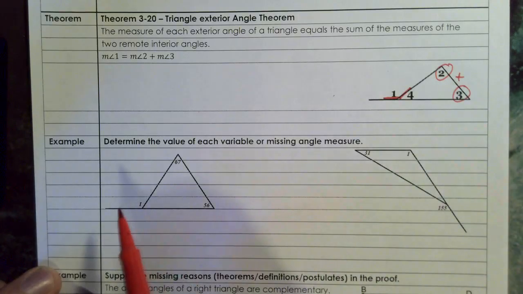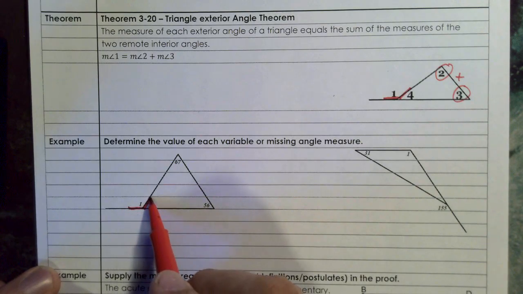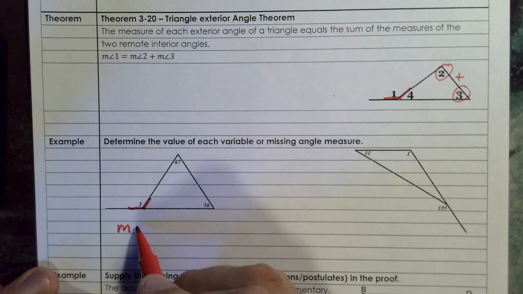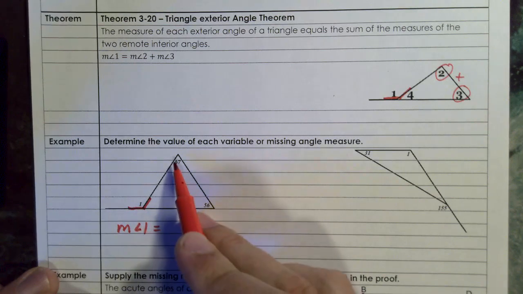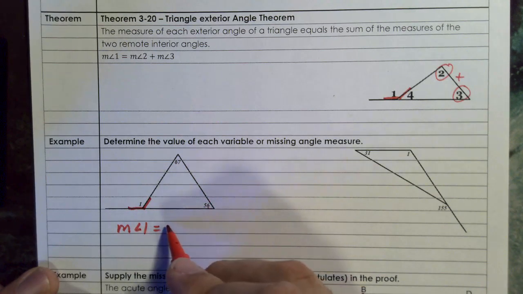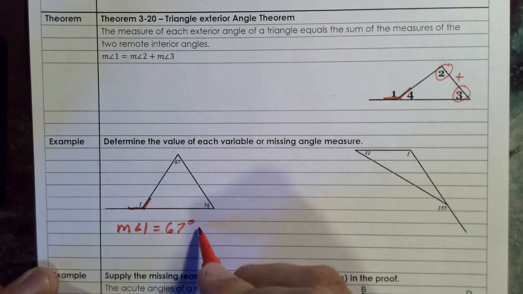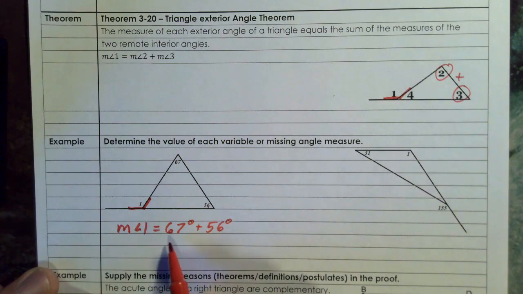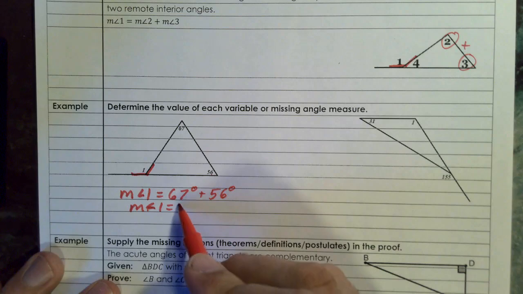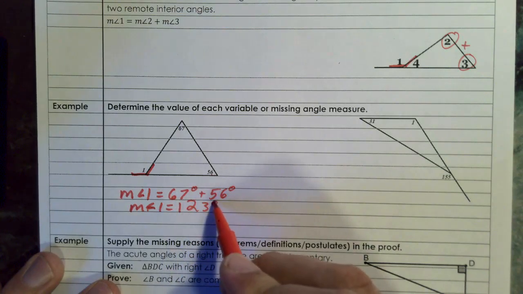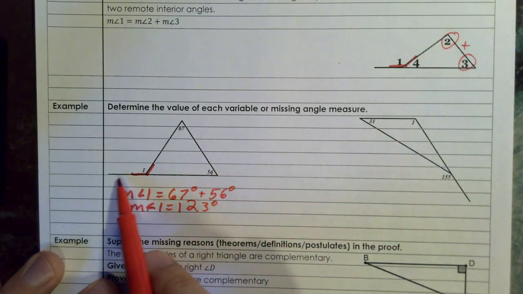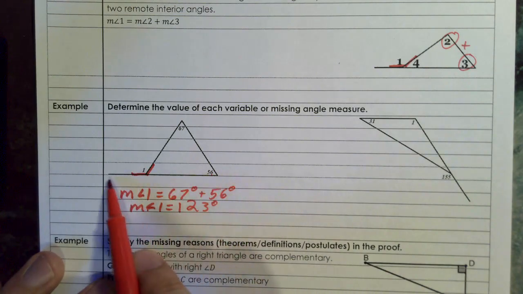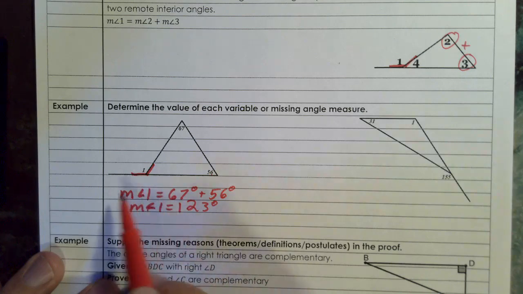So if I'm looking at this example, and I want to find the measure of angle 1, the measure of angle 1 has got to equal these two angles added together. So that's just a simple 67 plus 56, which is the measure of angle 1 equals 123 degrees.